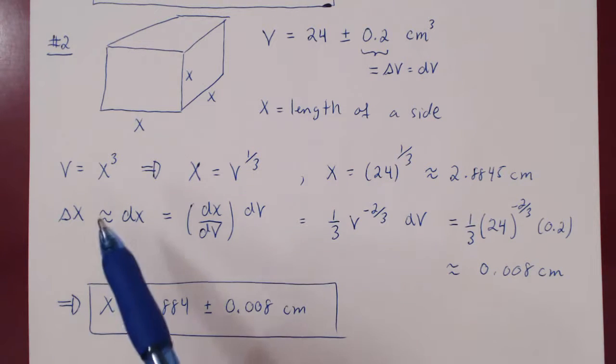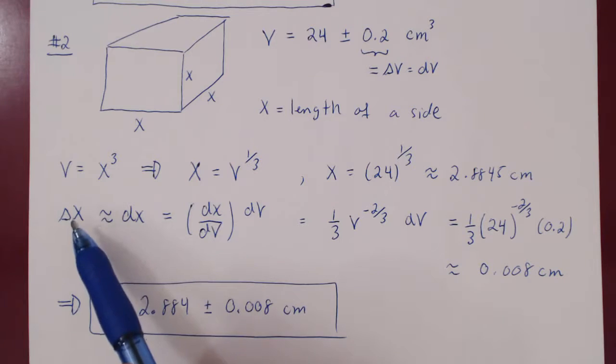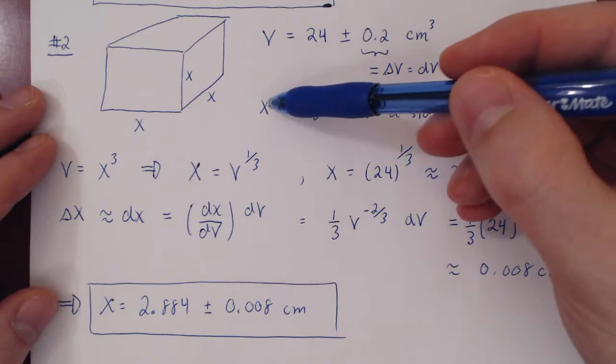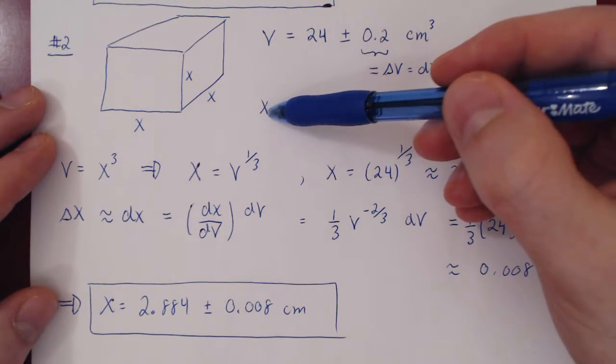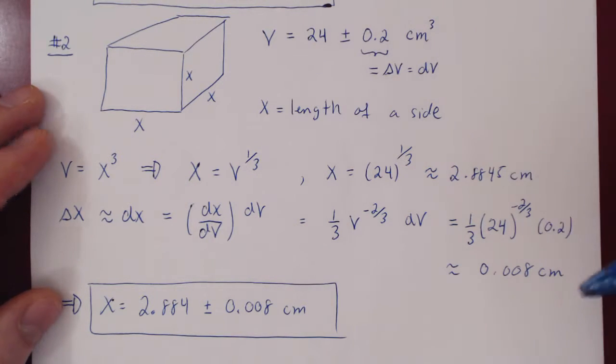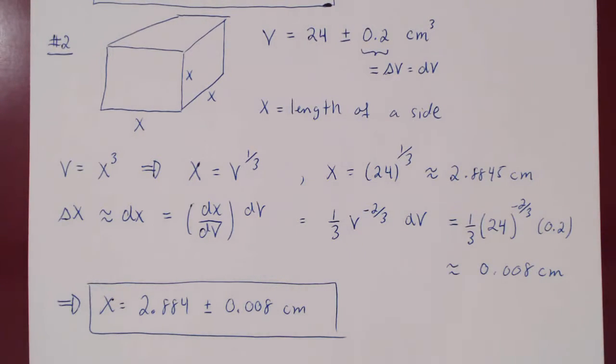Once again, simply using the differential as an approximation to the uncertainty in our variable. And as always, we needed to express the variable we were after as a function of the original variable that was calculated. Let's do one last example, and this will conclude our discussion of the differential.